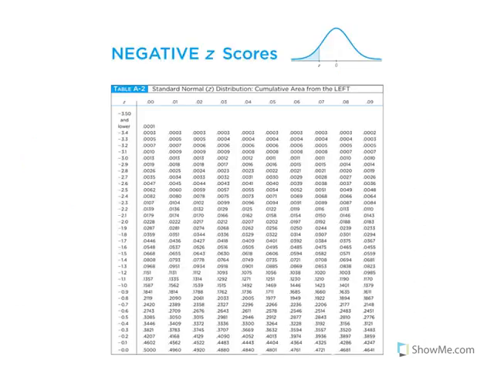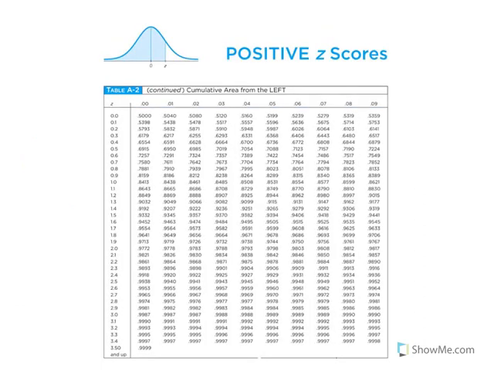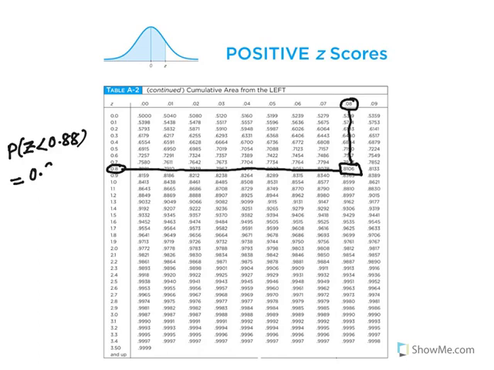So 0.88, it is 0.8 here, and another 8 there. So the probability that Z is less than 0.88 is equal to 0.8106. This we get from the table.